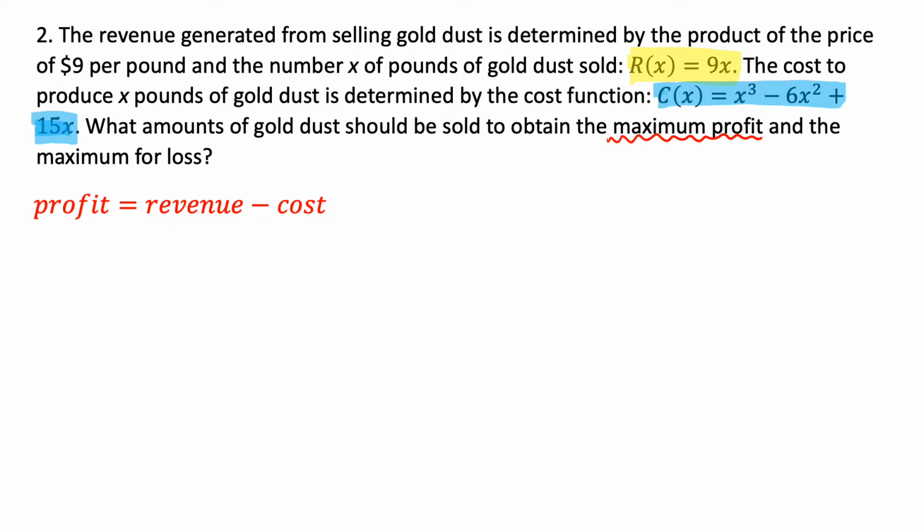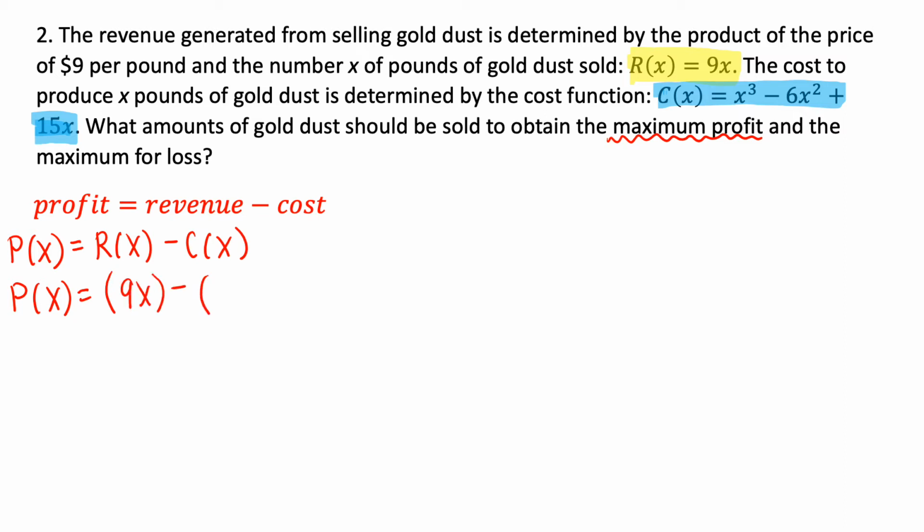To find our profit equation, P of X, we're going to subtract them, R of X minus C of X. So P of X is equal to our revenue equation, 9X, minus, in parentheses, X cubed minus 6X squared plus 15X. And then we make sure to distribute that negative.